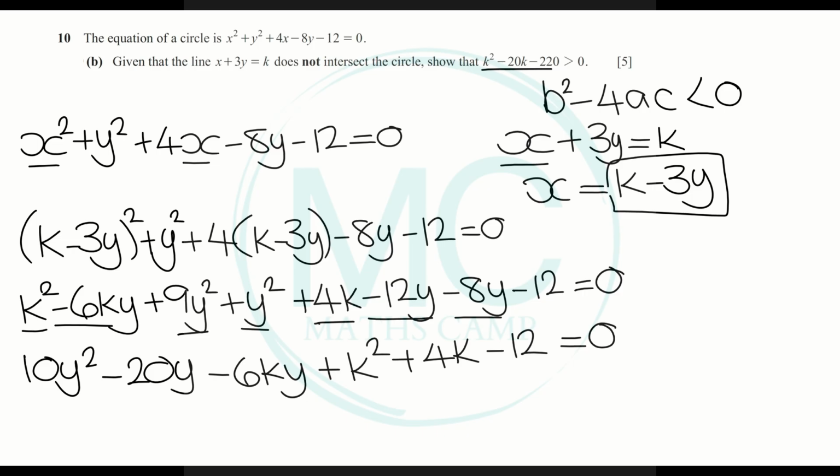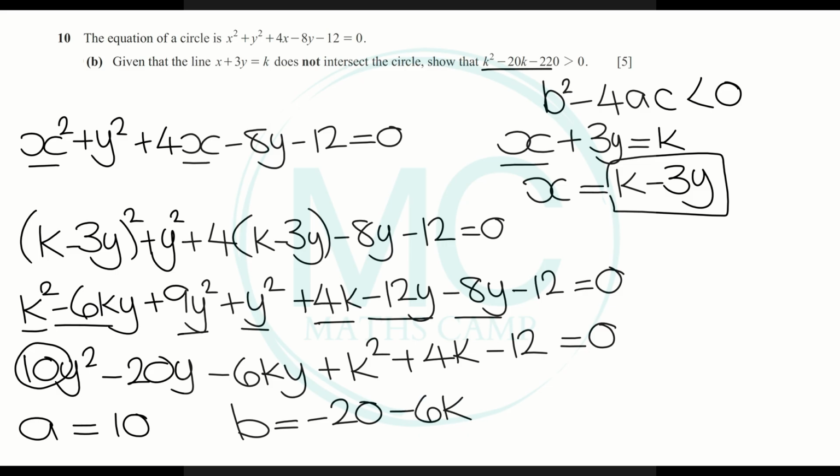This equation is going to give me my a, b, and c values. A is the coefficient of the square term. We have 10y squared, so a is equal to 10. B is the coefficient of our y terms, so in this case, b is equal to negative 20 minus 6k.